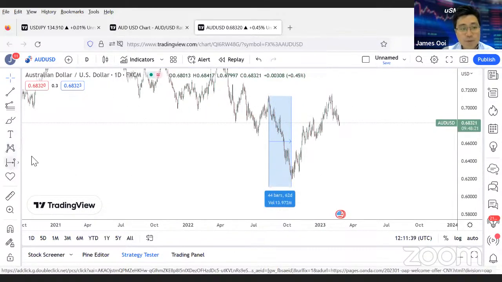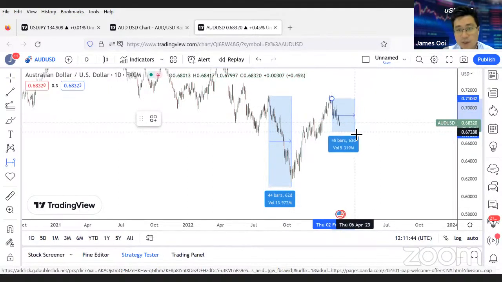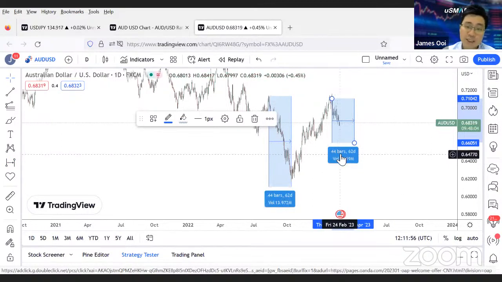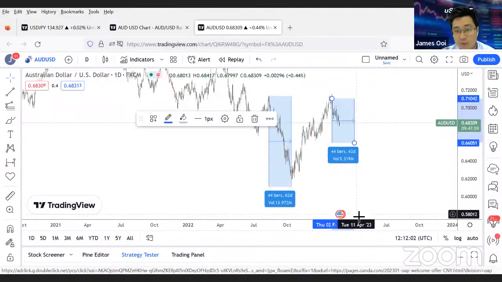So this is why I would assume that if the price starts to go down from here, it would also travel the same distance and use 44 trading days to complete the head and shoulder target. And this is why I would say that if you were to hold on to it right now, it could take a total of 45 trading days, which is until 5th of April, to reach your target price.